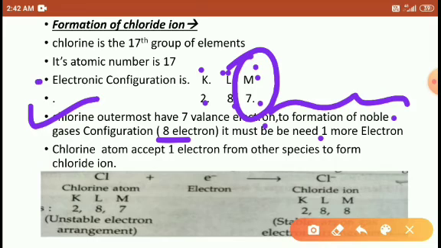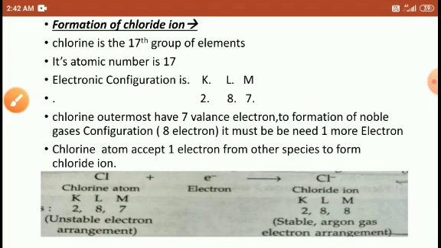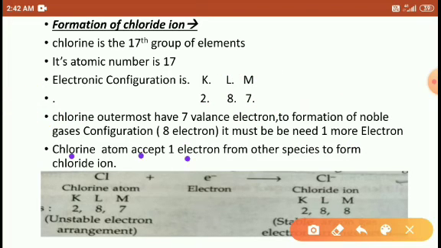So for the formation of the octet, or the stable configuration, it needs one more electron.